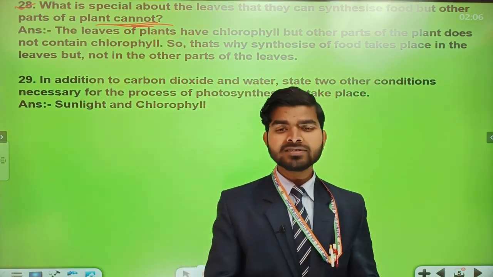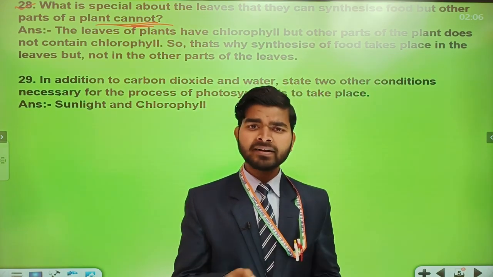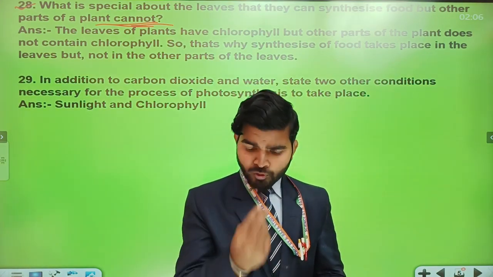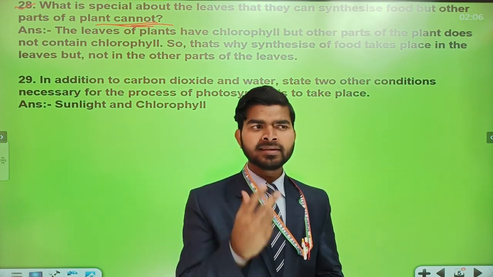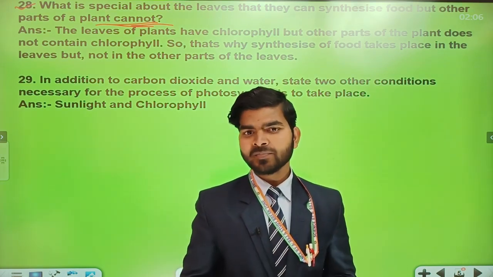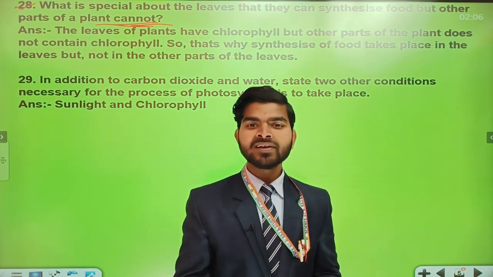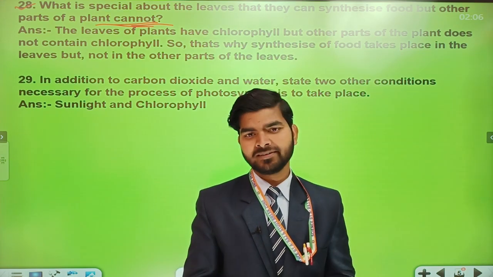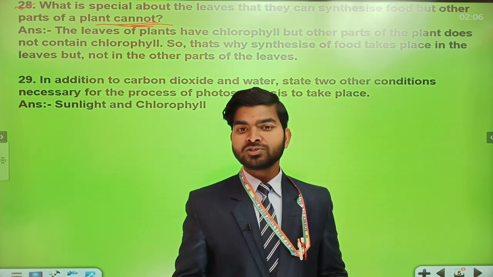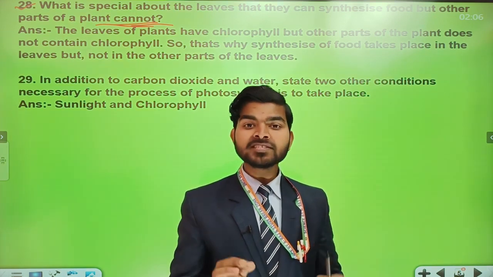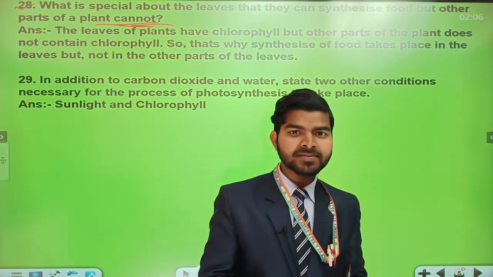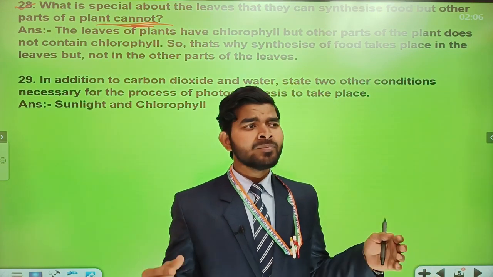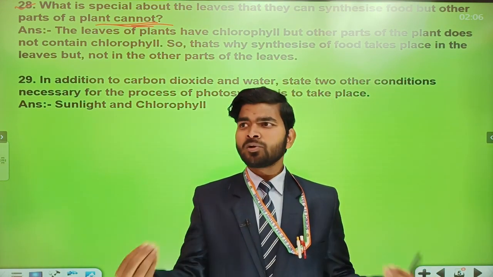But the question arises: why are the food factories of a plant only the leaves, and why is food only prepared in the leaves but not in other parts? Because chlorophyll is present in huge amounts in the leaves only. So that's why photosynthesis takes place in the leaves only, not in other parts, because other parts do not contain chlorophyll.